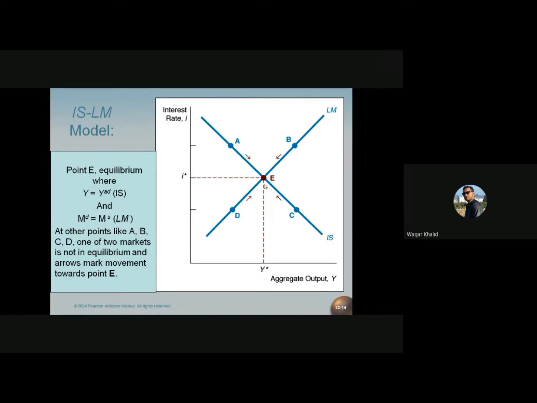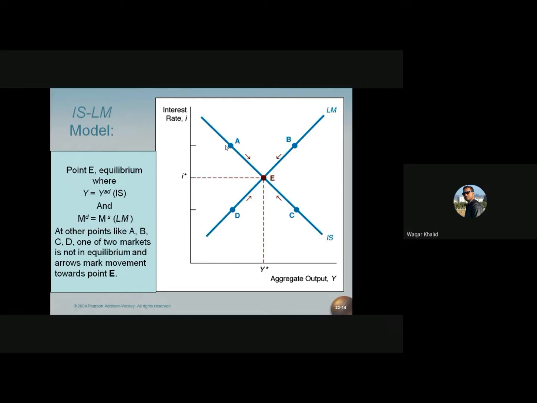For example, if the economy is at point A and this point is on the IS curve but not the LM curve, even though at point A the goods market is in equilibrium, so that the aggregate output equals aggregate demand, the interest rate is above its equilibrium level, so the demand for money is less than the supply.